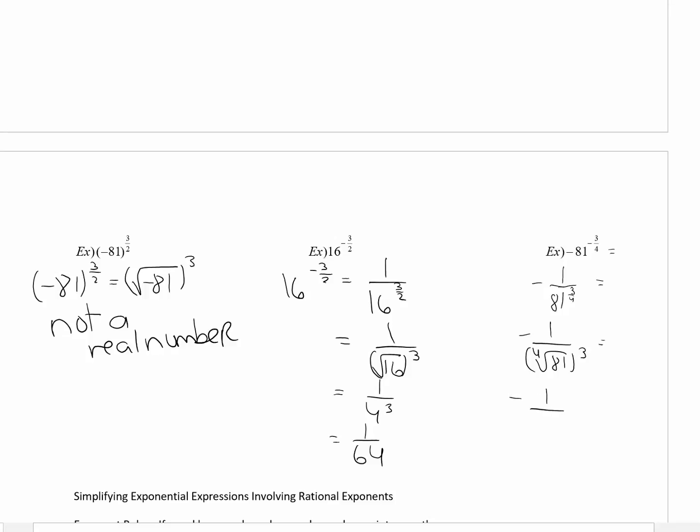Well, the 4th root of 81, that is 3. And 3 cubed is 27. So my answer is negative 1 over 27. Now, my answer is negative because of this negative that's out in front, not because you have a negative exponent power.